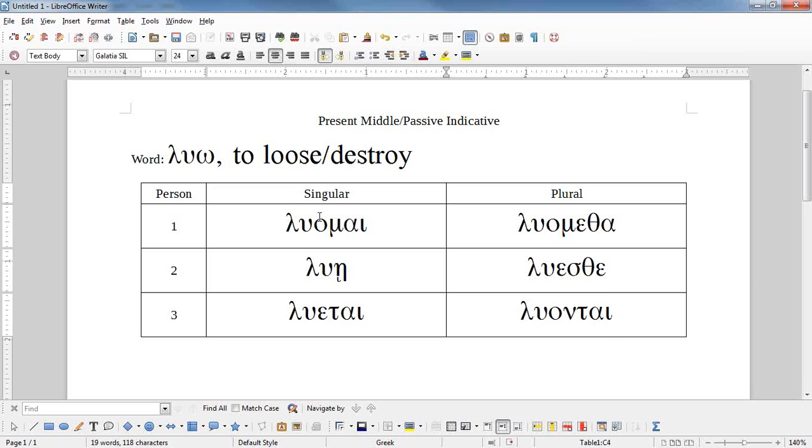So luomai translated as a passive is I am being loosed or I am being destroyed. I am being destroyed by Apollyon, by The Rock, by Charles Barkley. That's how we translate it as a passive. It can go either way depending on the context, but they are identical in form. Any questions about that?